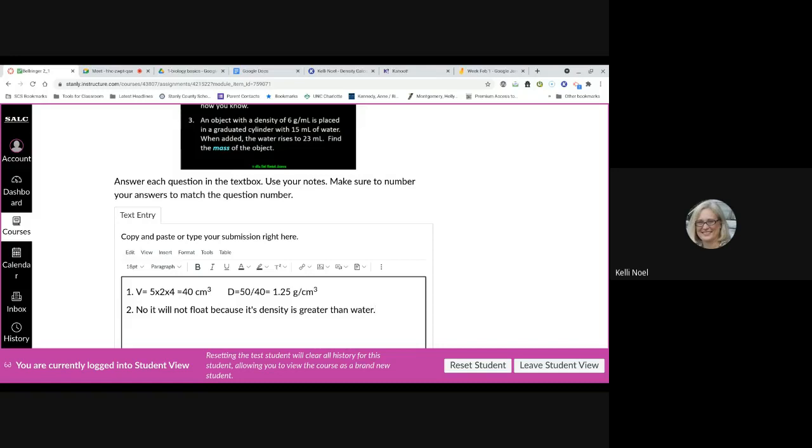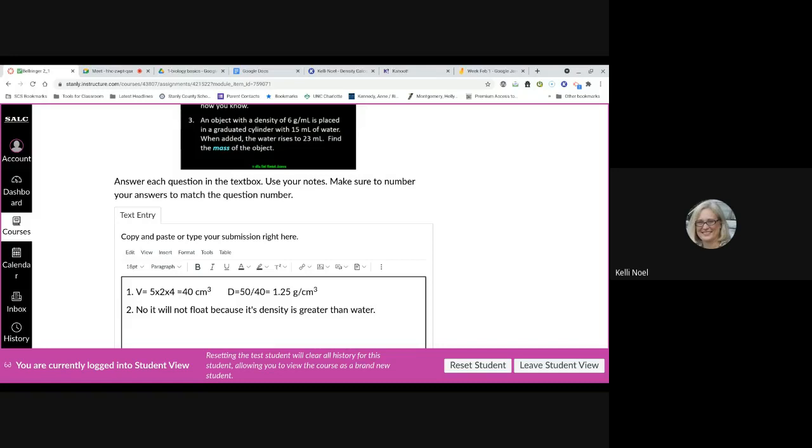Not add, but subtract. So we're going to do 23 minus 15. And what is that? 8. It's 8 milliliters.